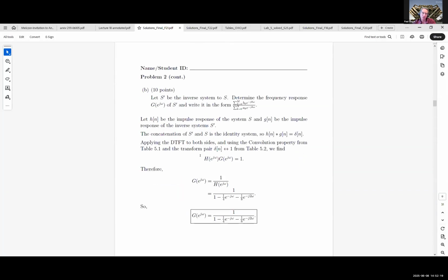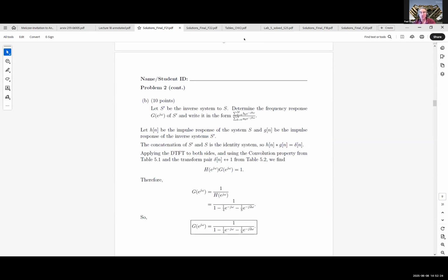And then the second part of the question had to do with finding the inverse system. There we're using the convolution property of the discrete time Fourier transform, just like for the continuous time Fourier transform, which means h of n convolved with g of n is equal to delta of n.